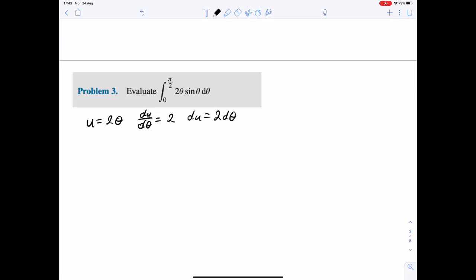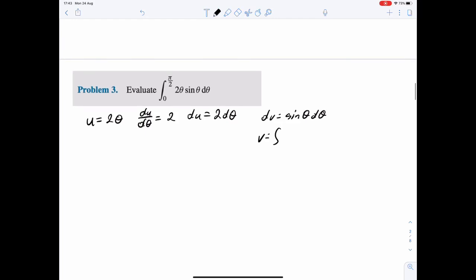And then we have dv equals sine theta d theta obviously, and then v equals the integral of dv, which is going to be equal to the integral of sine theta d theta, which is obviously minus cos theta.